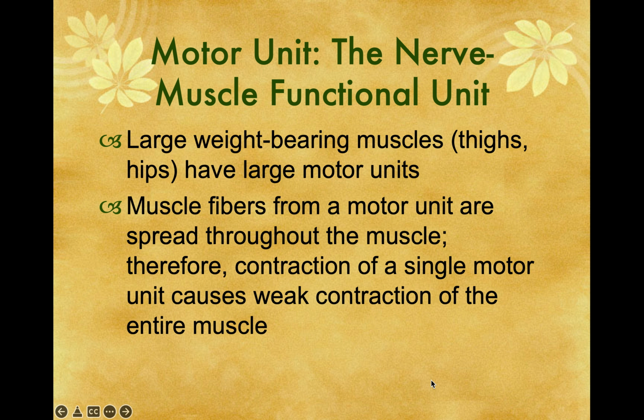So we'll talk about recruitment in a bit, but if you want a little bit of a response, you might send a message down one motor unit. But if you want a big motor response or a big muscle response, then you might send that message down multiple motor units, so you recruit more muscle fibers.